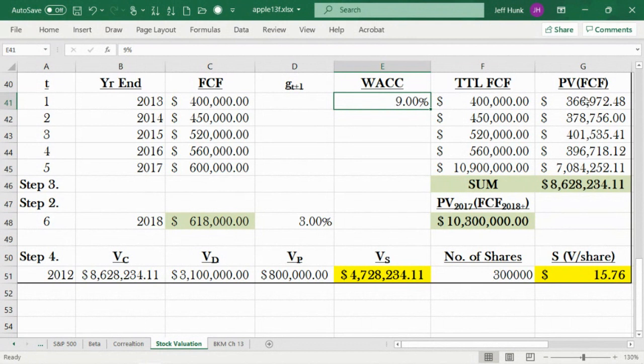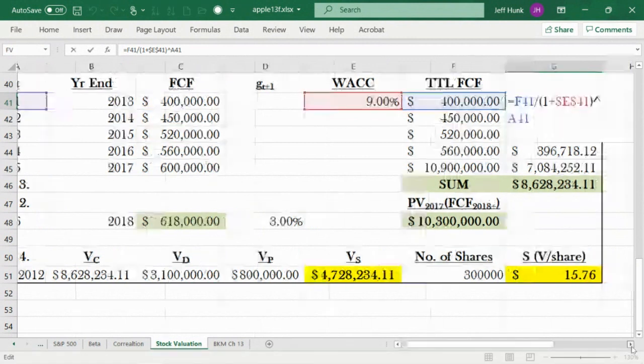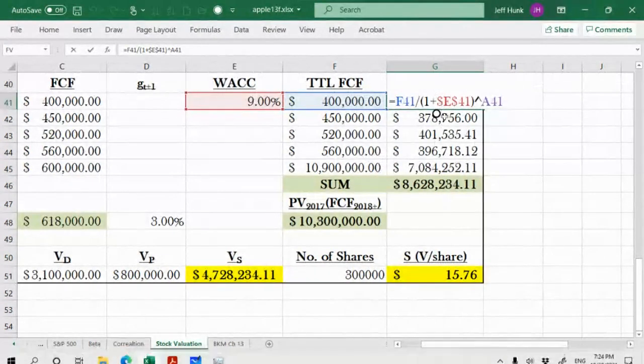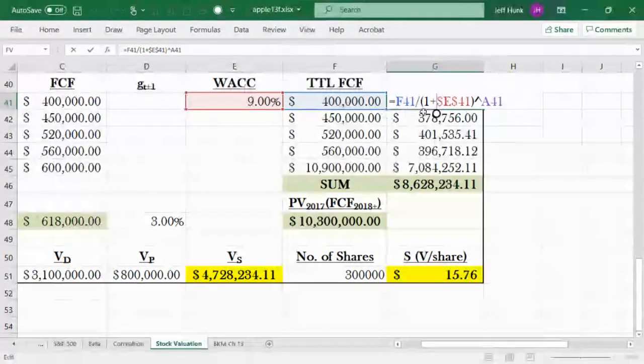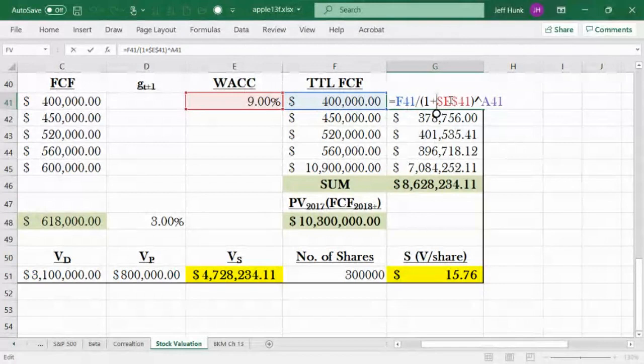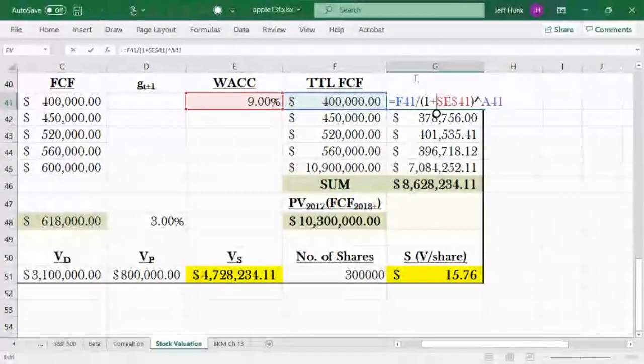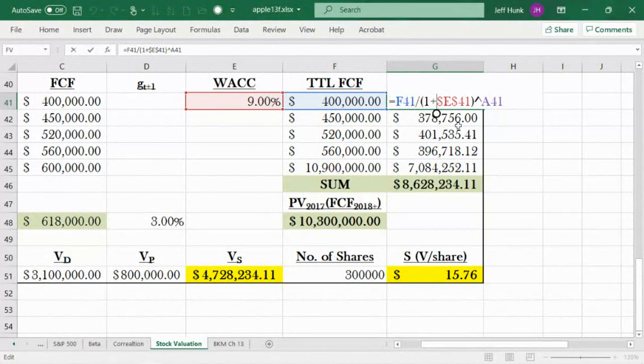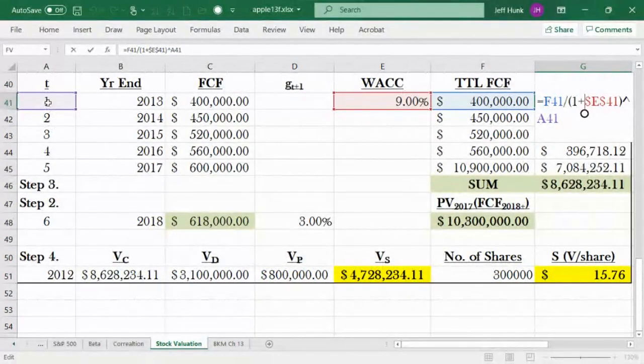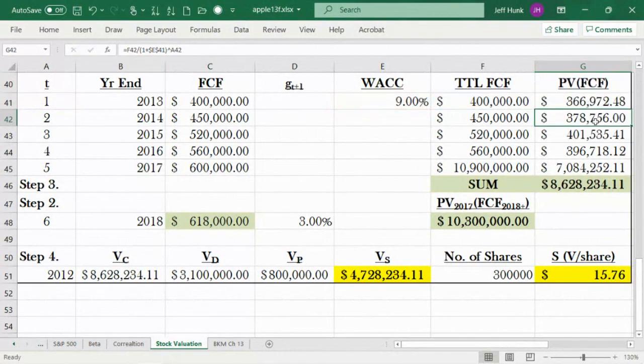It's 9%. So the present value of the cash flows is simply discounted by this weighted average cost of capital, which will have to be locked. So I locked it, and then that will be raised to this time digit or year digit. Then you drag it down, and you'll have the present value of all those free cash flows.